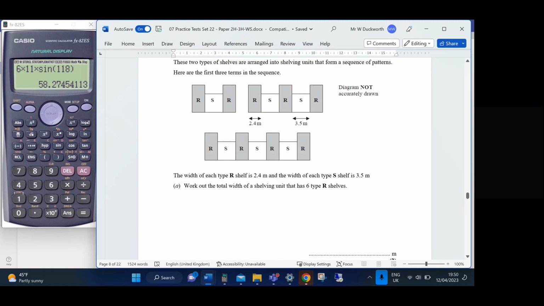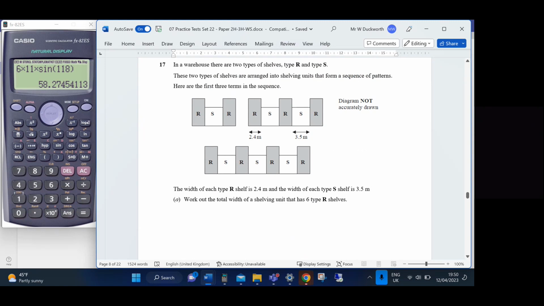Okay, right. So I'm going to say pattern 1 is 2R plus S. Pattern 2 is 3R plus 2S. Pattern 3 is going to be 4 lots of R plus 3S.